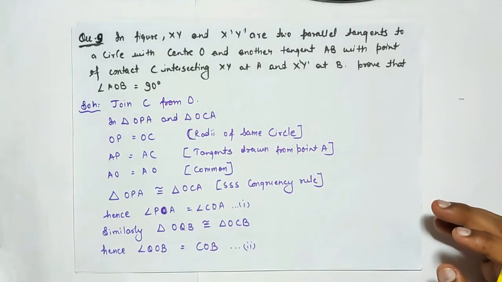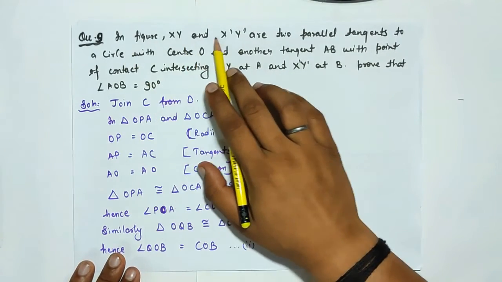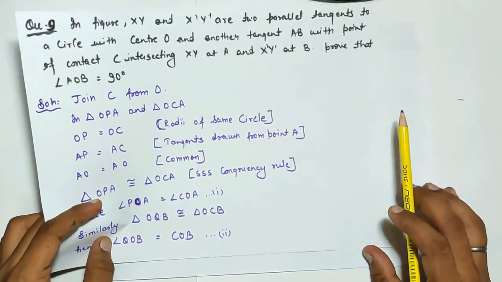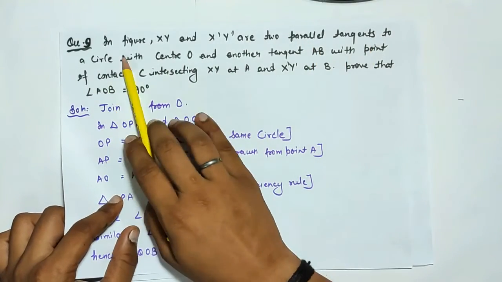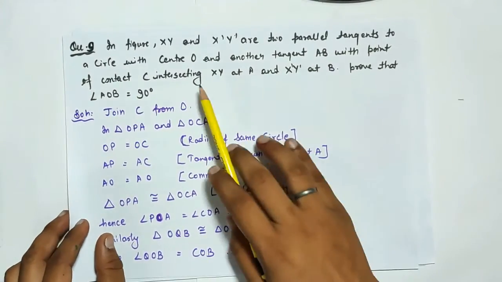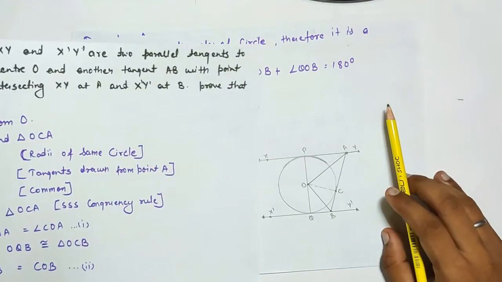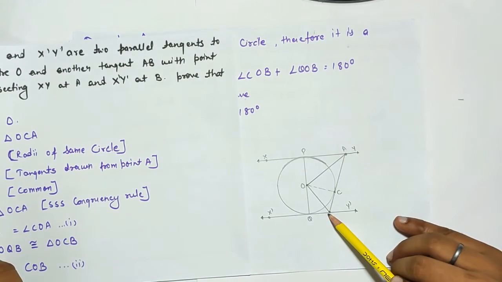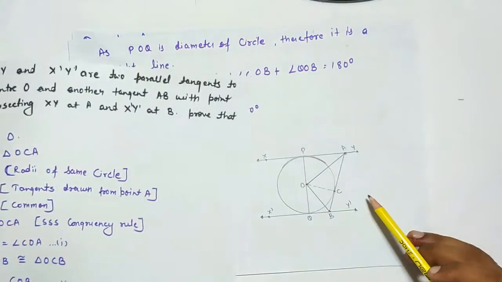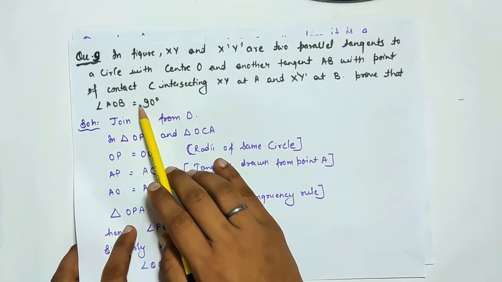Now we come to the next question, question number 9, in which it says: in the figure, XY and X'Y' are two parallel tangents to a circle with center O, and another tangent AB with point of contact C intersects XY at A and X'Y' at B. Prove that angle AOB is 90 degrees.